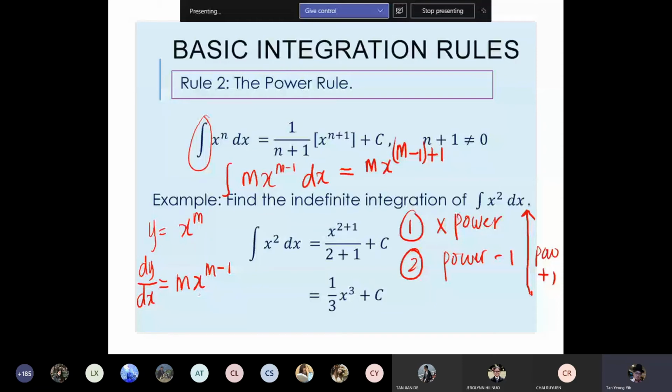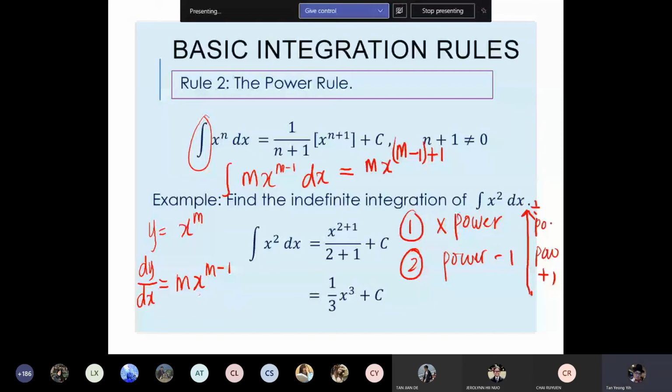We do it the reverse way, so the sequence and the action both have to be reversed. The power will plus 1, to reverse the power minus 1. After that, step 1 here, we multiplied by the power, so the reverse will be we divide by the power. The new power here is m, so we divide by m.